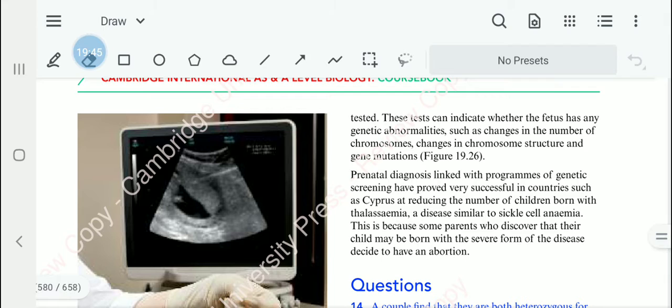This can be checked for any genetic abnormalities, and the parents would be able to choose whether to have an abortion if the fetus is going to develop severe forms of diseases.